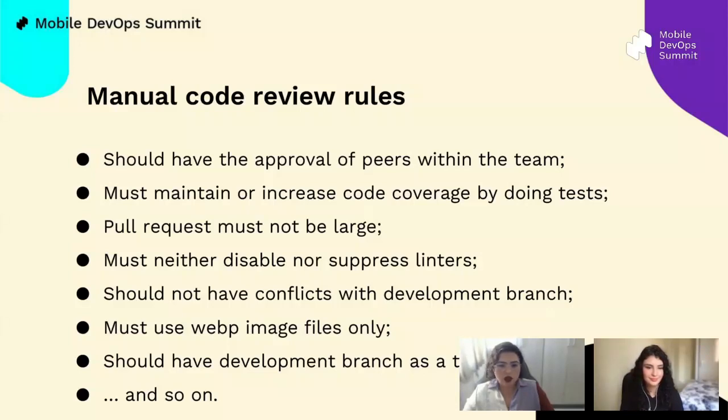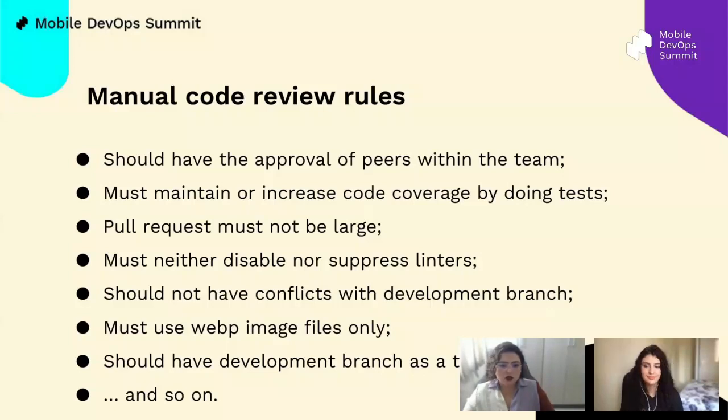Large pull requests are complex to review, so to maintain the review cadence, it must be less than 40 files in each pull request. It must neither disable nor suppress linters. This can introduce bugs already identified by these tools. It should not have conflicts with the development branch because it won't compile with conflicts.